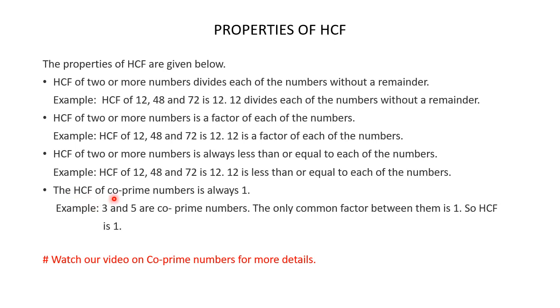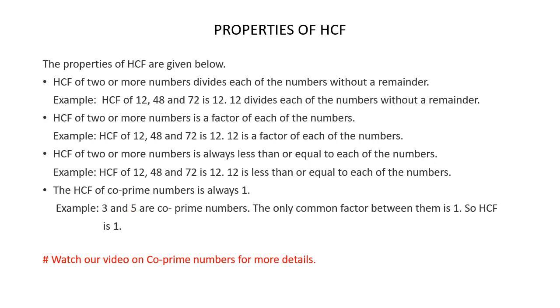The HCF of coprime numbers is always 1. This is a very important property of HCF. The HCF of co-prime numbers is always 1. For example, 3 and 5 are co-prime numbers. The factors of 3 are 3 and 1.